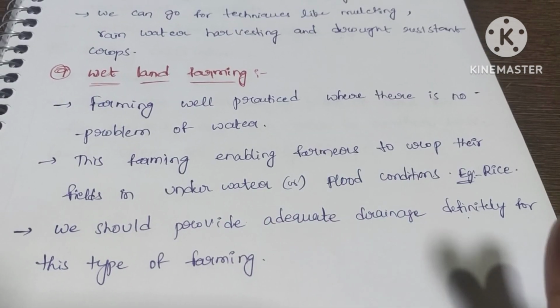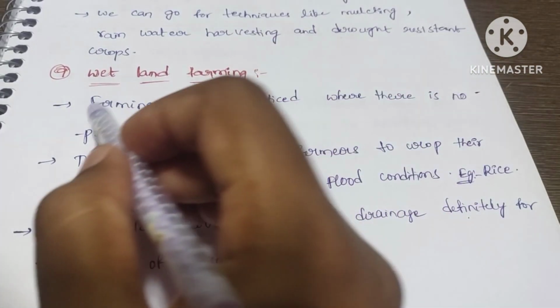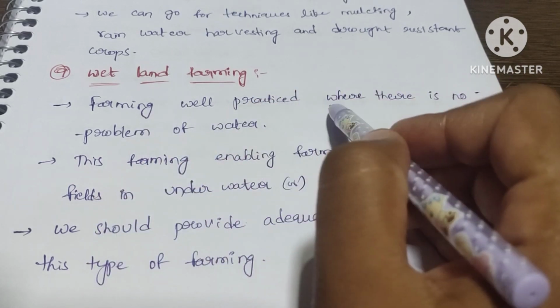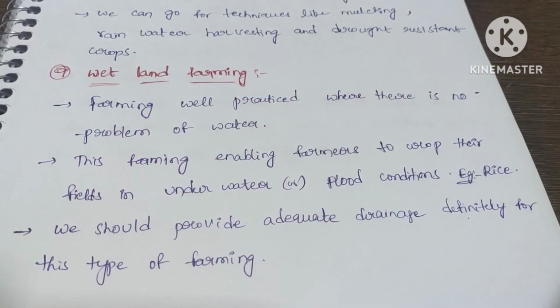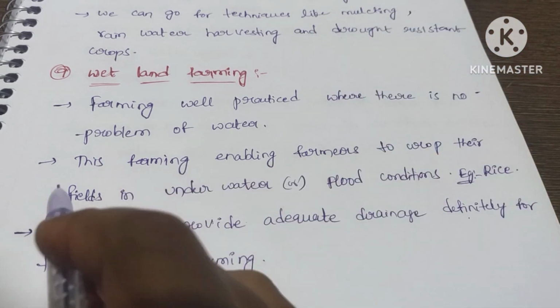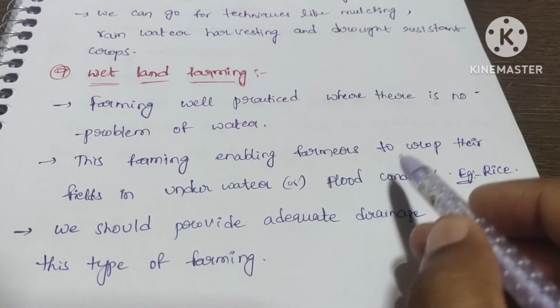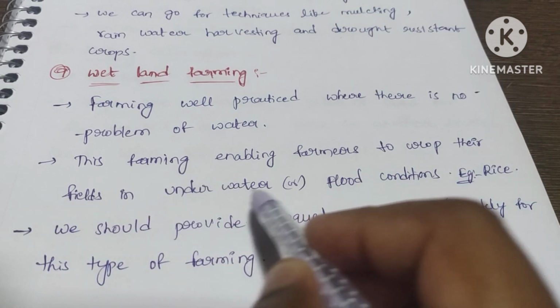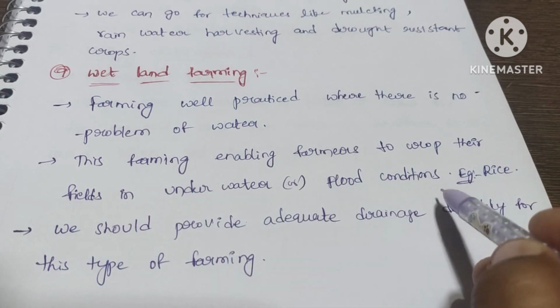Okay, the another farming is wetland farming. Farming is practiced where there is no problem of water. Okay, it is quite opposite to dryland farming. Here the water abundance is very much and the farming is practiced where there is no problem of water at all. Okay, this farming enables the farmers to crop their fields in underwater or flooded conditions.